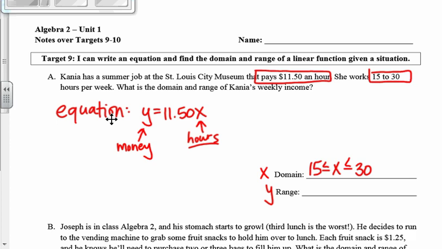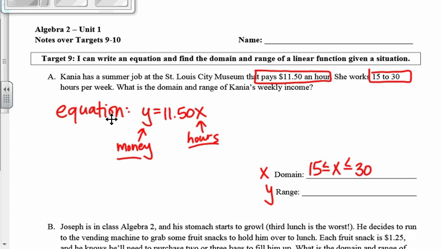So now looking at the range, which is y, it's talking about money. So if you look at the equation, remember we defined y as money. So let's think about how much Kanaya could actually bring in as her income. The least amount of money that Kanaya could bring in is if she worked just 15 hours. That's the very lowest amount that she would ever work. So let's think about how much she would make if she worked just 15 hours.